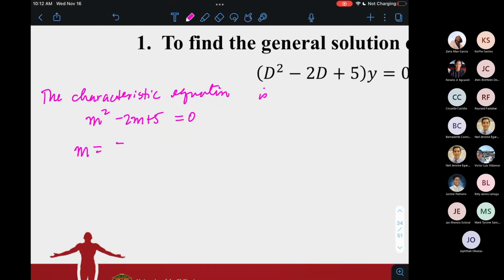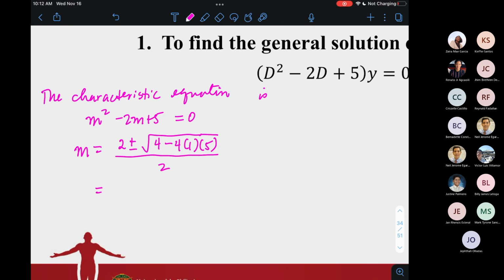So we'll get negative b. So that's going to be a positive 2 plus or minus radical b squared minus 4ac. Tama ba? Negative b plus or minus b squared minus 4ac all over 2a.